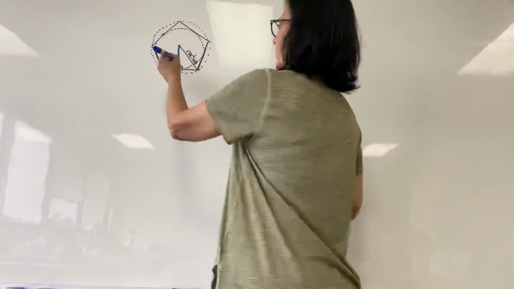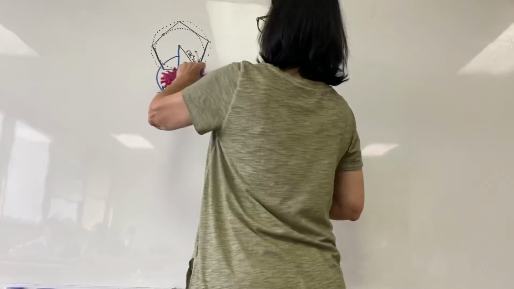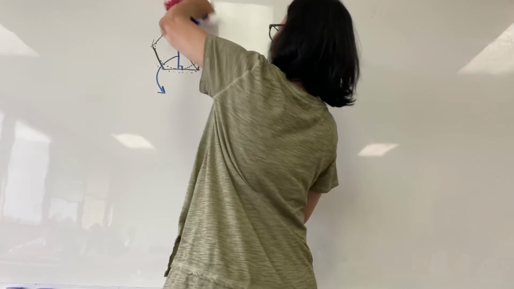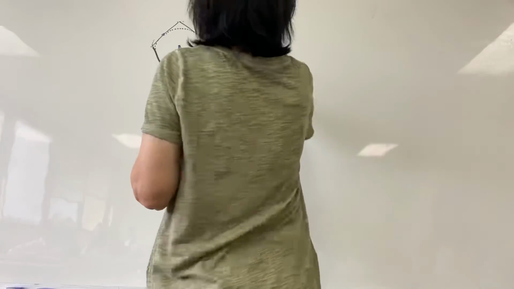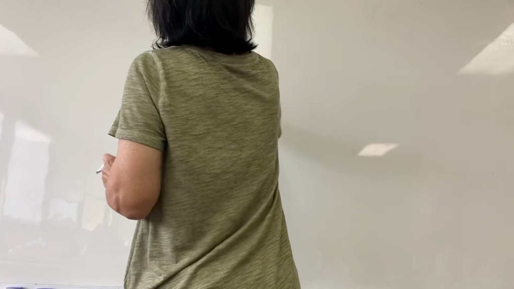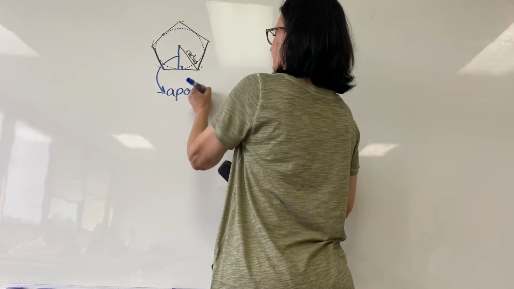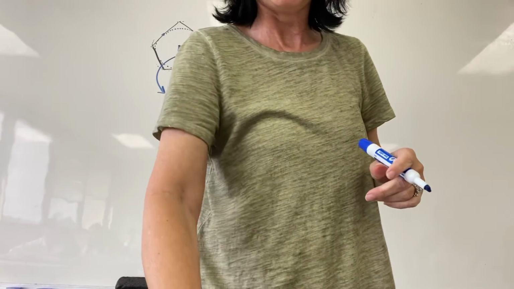Now in terms of the polygon, so now we're going to erase those circles. In terms of the polygon, that is called an apothem, which is on your next page.